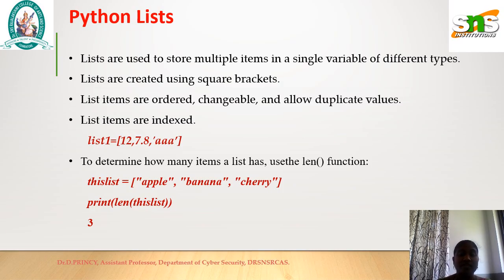That means more than one element can have the same value. So this is an example. List items are indexed also. The first element has index 0, second 1, third 2, like that. When retrieving from the last, negative values are used. To determine the number of elements, we can use the len function.